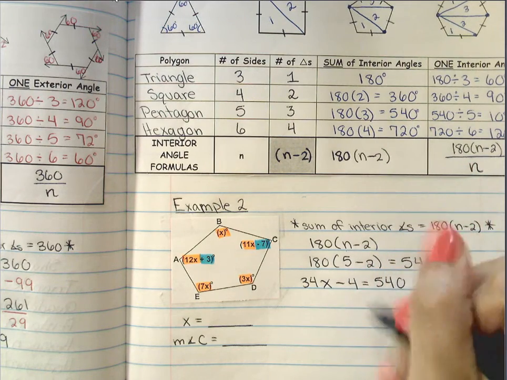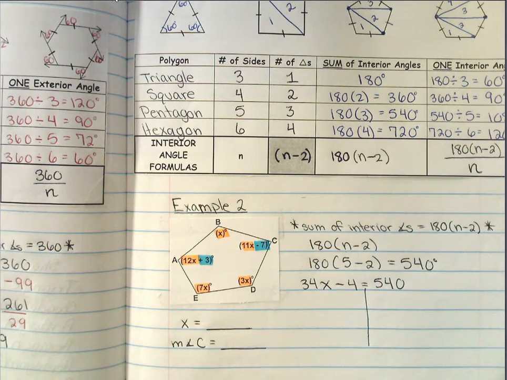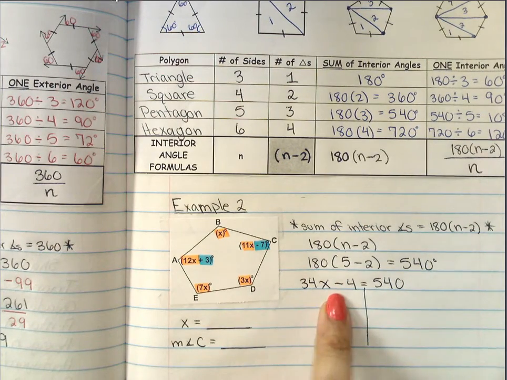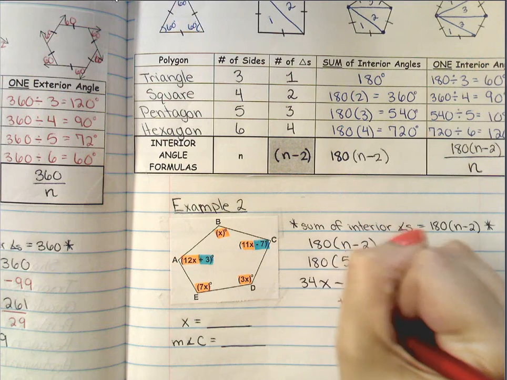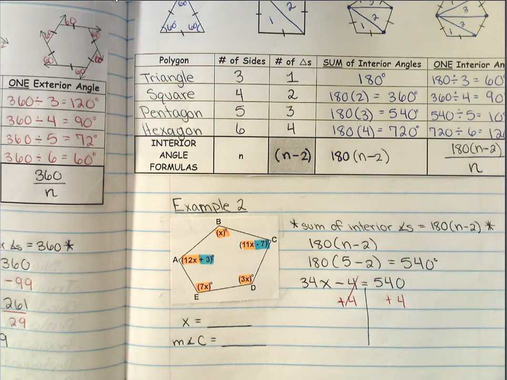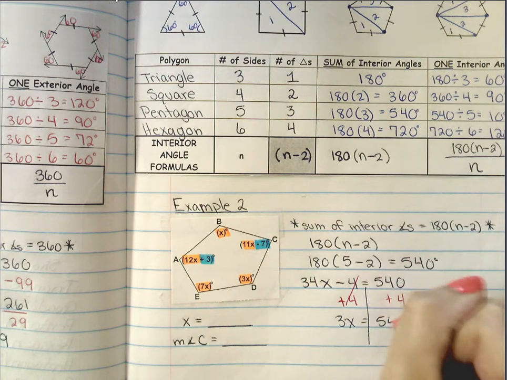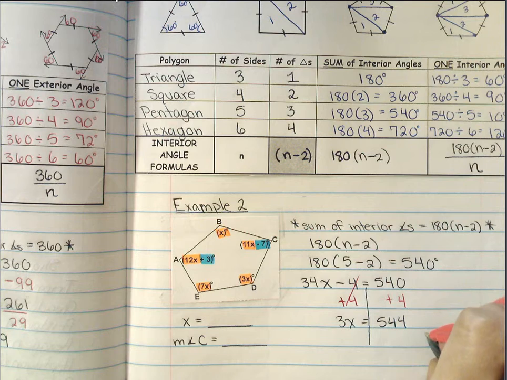From here it's the same steps as the previous example. First, get rid of the constant. I'm going to get rid of that minus 4 by adding 4 to both sides, and I'm left with 544 on the right side.